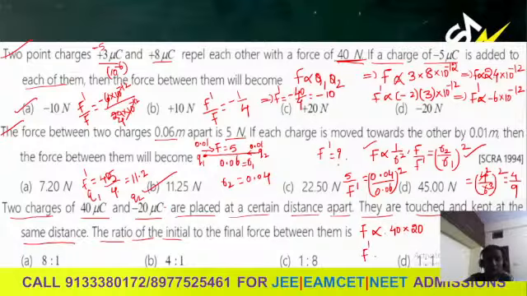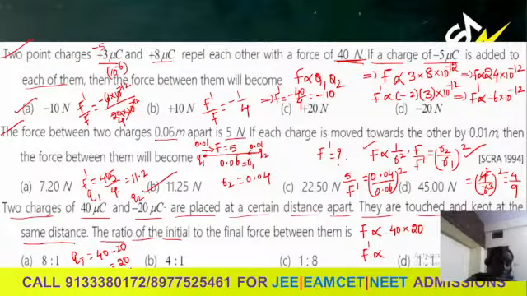Now F dash. The separation is not changed, so I'm not taking the 1 by r square value. They are touched and kept at the same distance. When they touch each other, the total charge will be 40 minus 20, equal to 20.